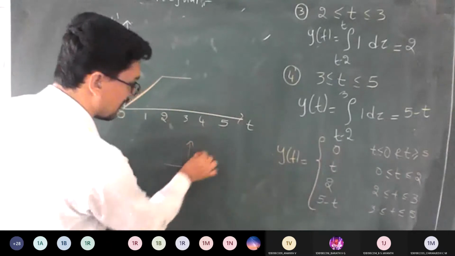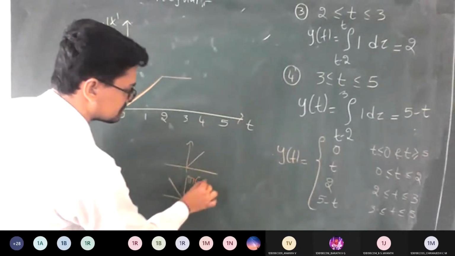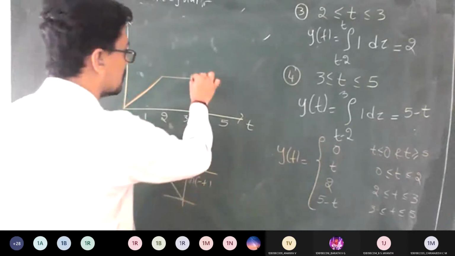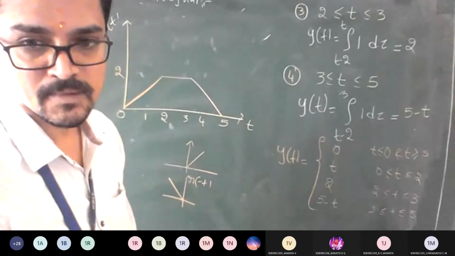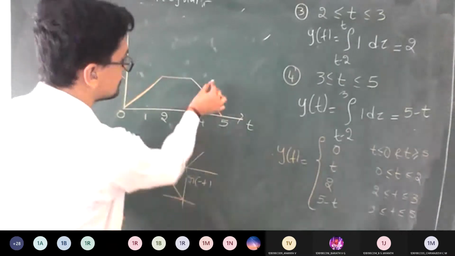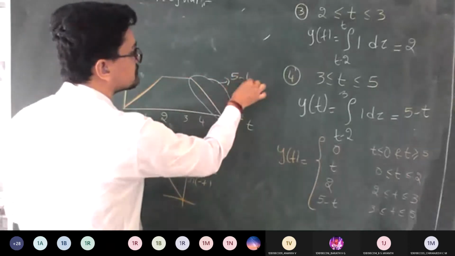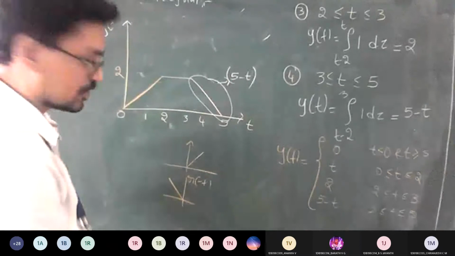So this is your r of t, and this is my r of minus t. If you give a delay by 5, this is how it looks. Is this last category your 5 minus t or not? I hope you remember this, right?